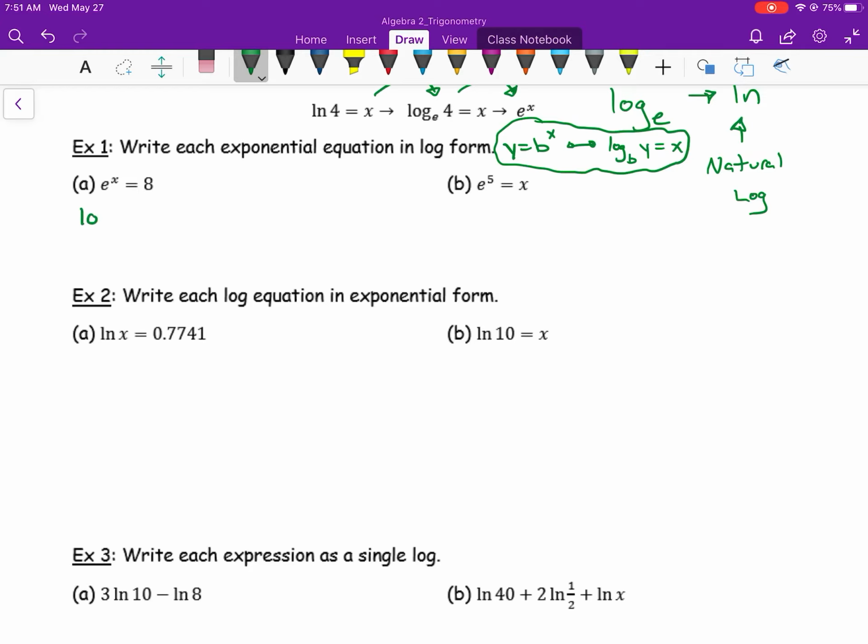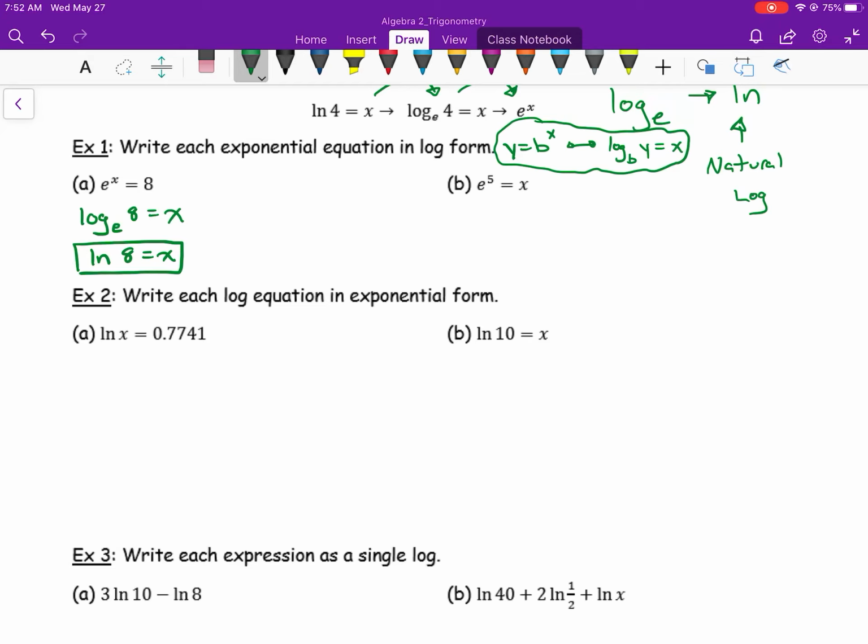So I have log base b, which would be e in this situation, of y, which is 8, equals x. Now log base e is natural log, so we write natural log of 8 equals x. Simple as that, and we're just converting, we're not evaluating.